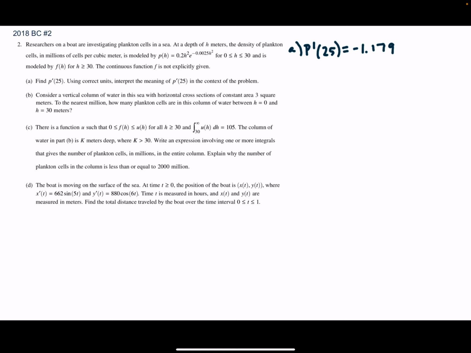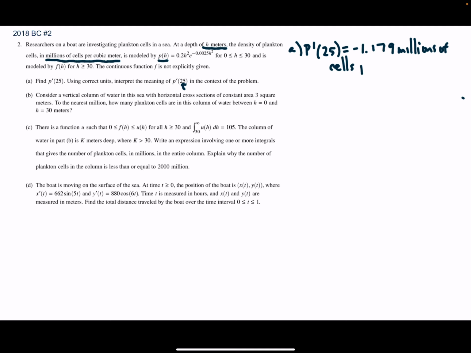As far as using correct units, I just took the derivative of this, it was already in millions of cells per cubic meter. So this is going to be in millions of cells, per cubic meter. But because I'm taking the derivative with respect to H, which is right, because it's P of H, H is 25 in this moment.